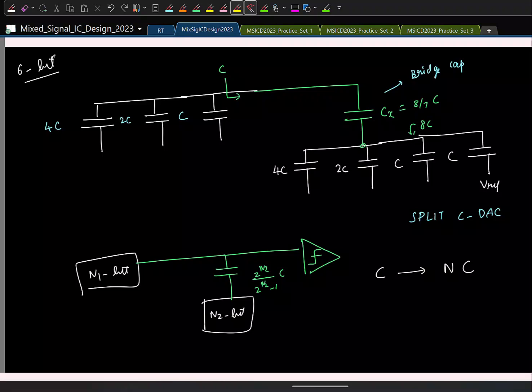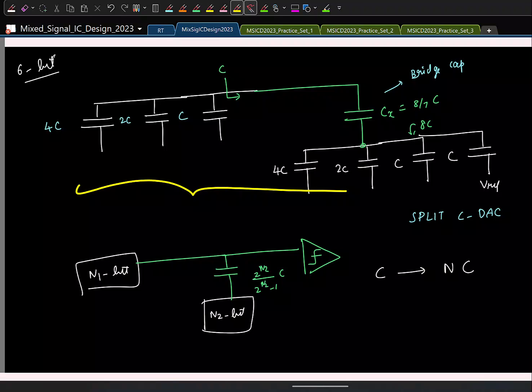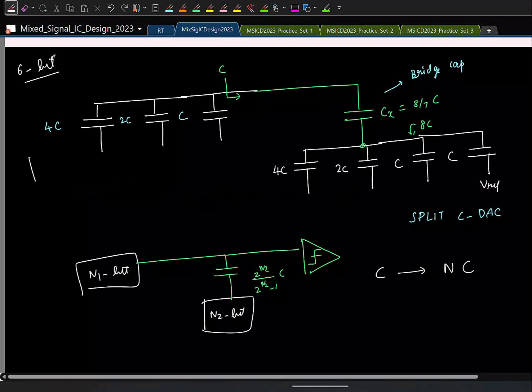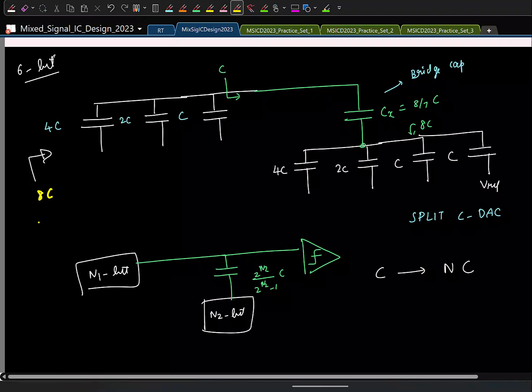With this technique, at least on paper, I have reduced the effective sampling capacitor. In the 3-bit plus 3-bit case, what is the total sampling capacitance? 4C, 2C, C and C: 8C. But if I were to use a regular 6-bit SAR, it would have been 64C.